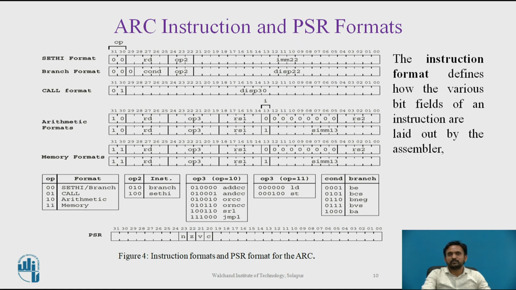Here 010 is used for the branch and 100 is for set high. The remaining bit 29 in the branch format always contains a 0, and the 5-bit RD field identifies the target register for the set high operation.